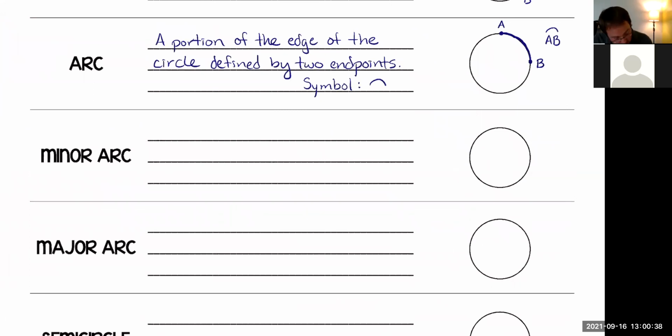So a minor arc is an arc with a measure less than 180 degrees.